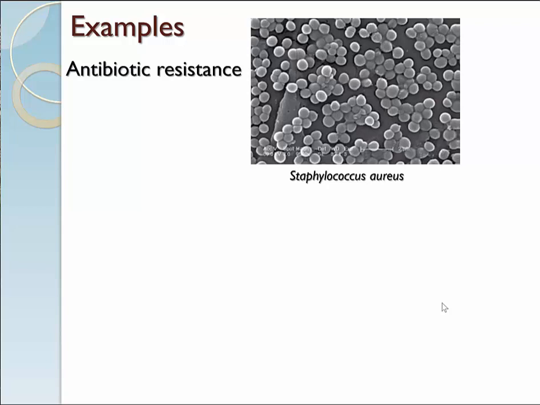So when an antibiotic is applied, those less fit are going to be killed, and those most fit, those that have the antibiotic resistance, will survive and reproduce and pass on their genes for antibiotic resistance. And so that's one example of fitness.